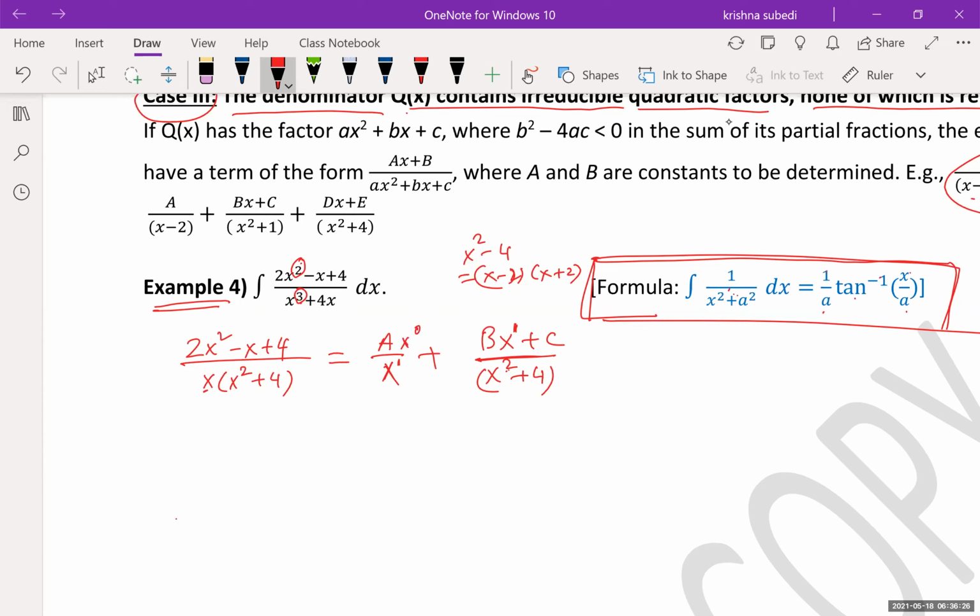One less. This is all we need to do. Our job is to find the values of A, B, and C. That's it. So multiply both sides by x times (x squared plus 4), and let's see what happens.